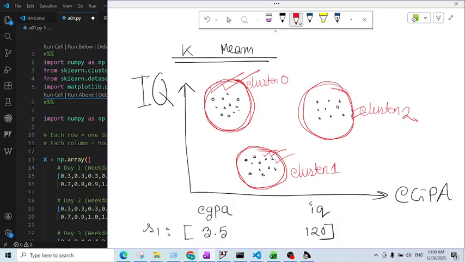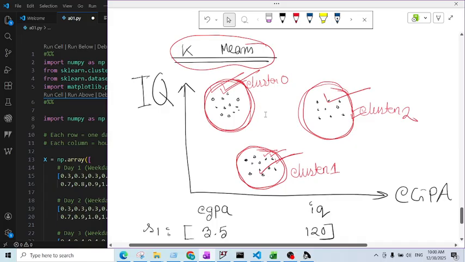That means what k-means is actually doing is finding the similar students and then classifying the students according to the cluster. So that is k-means. It will assign these students into a specific cluster.